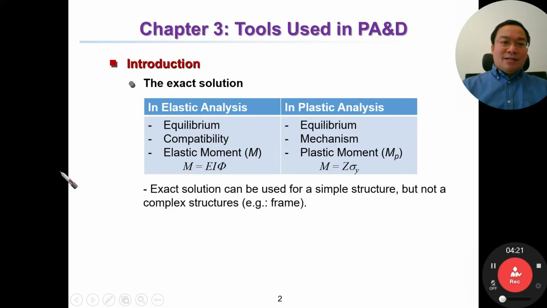The problem is that the exact solution can be used for simple structures, but in a complicated structure, for example a frame, we may have problems. In other words, we cannot use the exact solution for a complex structure because it is too complicated.